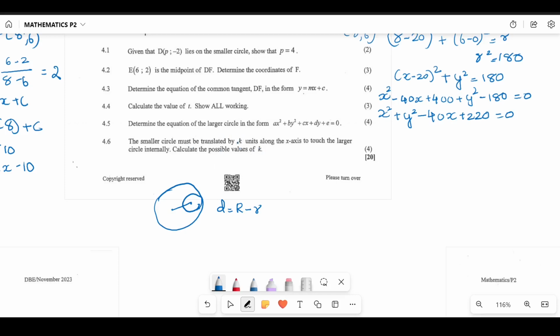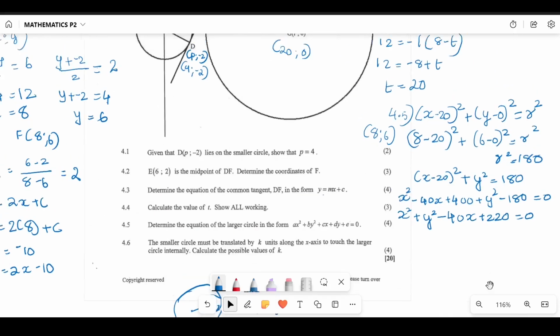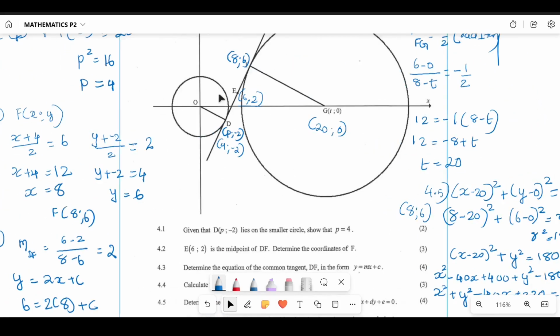If you know this idea, then you can do this problem very easily. The smaller circle must be translated by k. Here the smaller circle must move only to the right, because if it is translated to the left, it's never going to touch the circle.